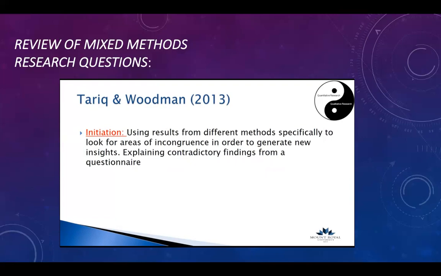So an illustration of this would be a study exploring the discrepancy between reported medication adherence in face-to-face clinic consultations and what is actually happening as far as medication adherence.